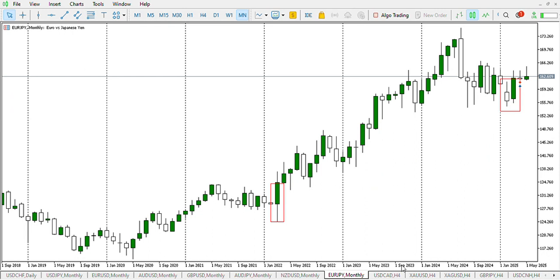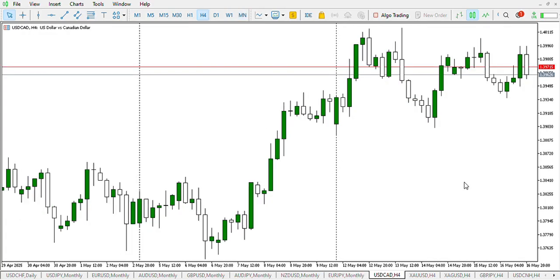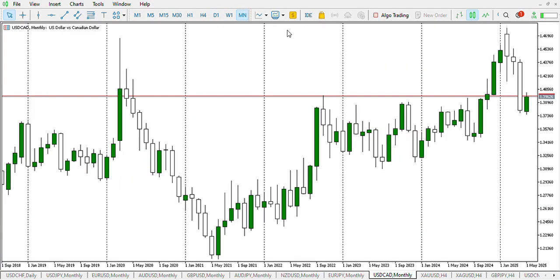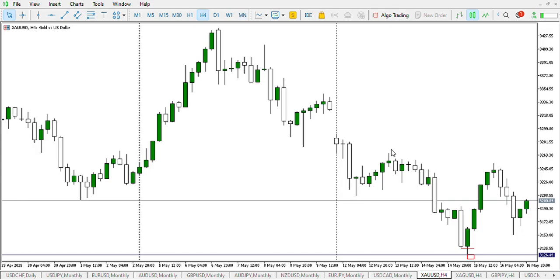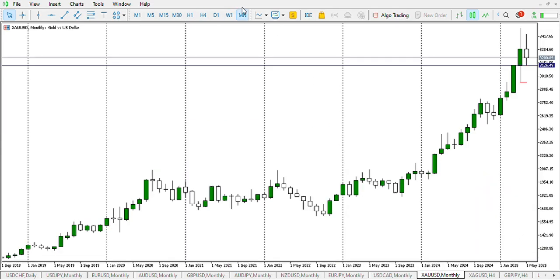On EUR JPY, we have a swing low, which indicates that price is going to be trying to buy up. On USD CAD, we have a swing high, which indicates that price is going to be selling down. You can see it right here. So as a position trader, seeing this, you would know where to key in your moves. You will know the moves to anticipate.